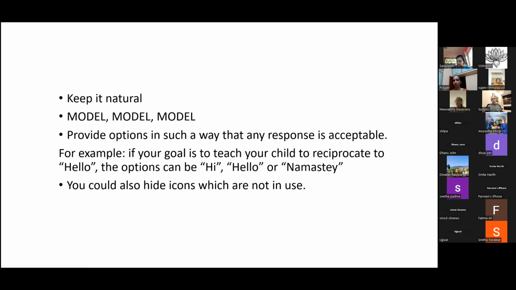So if I said hello to one of you, what would your response be? Hi, Smita. Any other responses if I said hello? Hello, hi, hey, what's up?